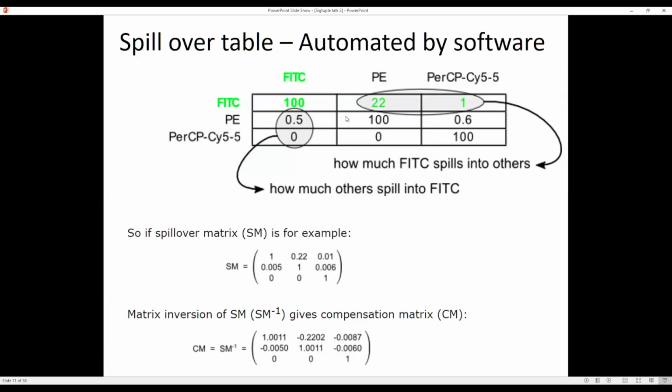Simple. So if you check diagonally, it should be 100%. And the spillovers come here. So whatever I have highlighted in green is green light spilling over into other detectors. Now this is called a spillover matrix. Now the inverse of this, that is 1 by spillover matrix or spillover matrix to the power minus 1, is called the compensation matrix.